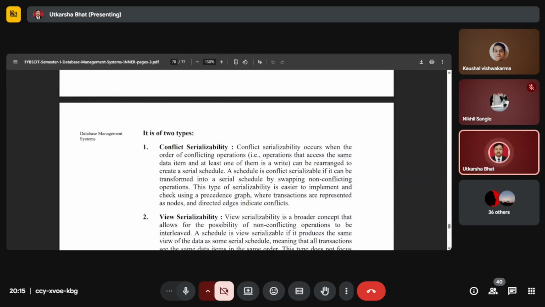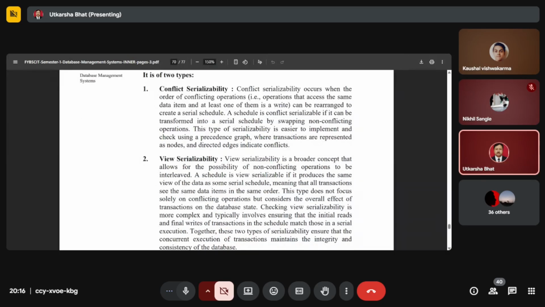A schedule is conflict serializable if it can be transformed into a serial schedule by swapping non-conflicting operations. This type is easier to implement and check using a precedence graph, where transactions are represented as nodes and directed edges indicate conflicts.